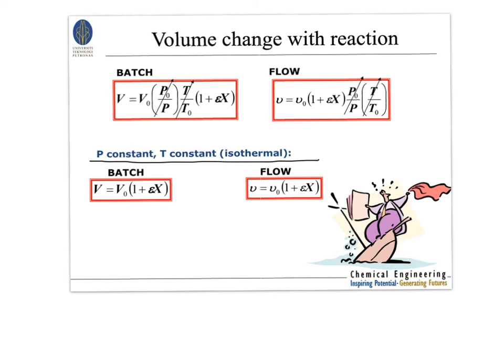So P_0 over P is equal to 1 because it is constant; the initial and final pressure are constant, and the initial and final temperature are also constant. So you will have the final equation for batch like this. For flow also, P_0 over P equals 1 and T over T_0 equals 1, so your final equation for a flow system will be equal to this one.